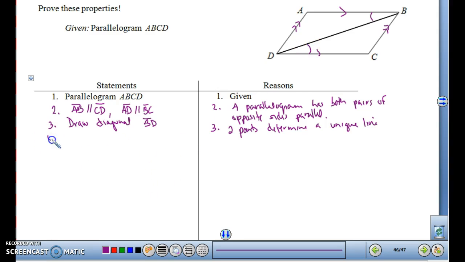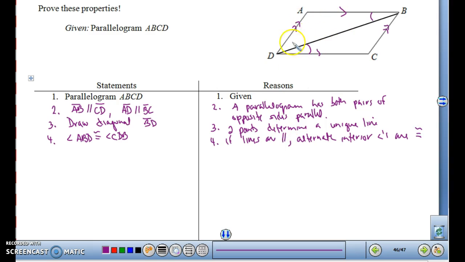Those are alternate interior angles. So ABD is congruent to CDB. If lines are parallel, alternate interior angles are congruent.